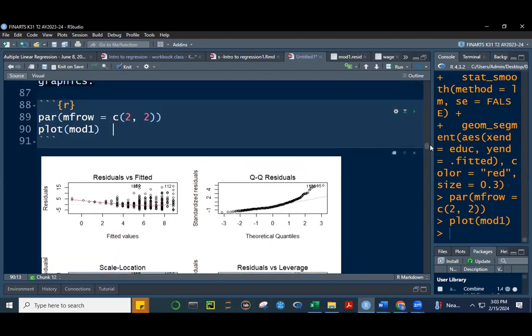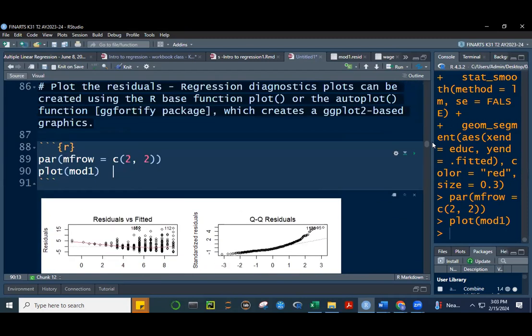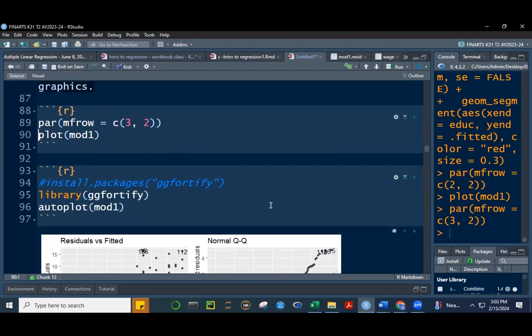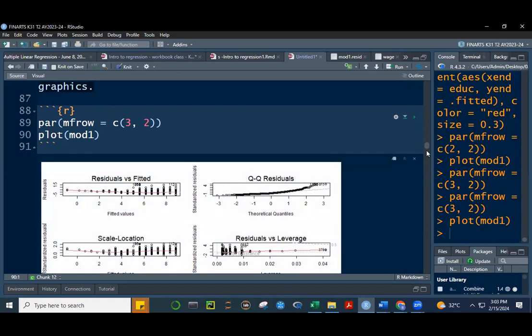Now, actually, there are 6 plots that are given here. If I change this into 3 by 3, it does not give us 3 rows and 3 columns, or maybe 3 rows and 2 columns, because 3 by 2 is 6. It still does not give us that. Sorry, let me run this all.